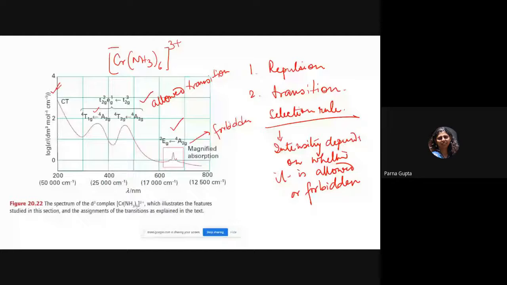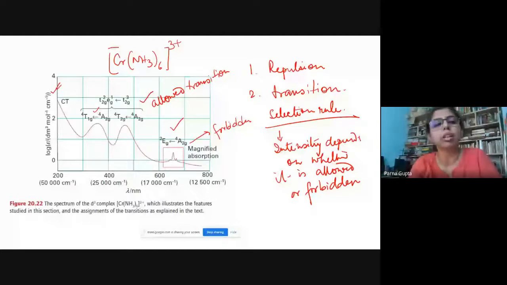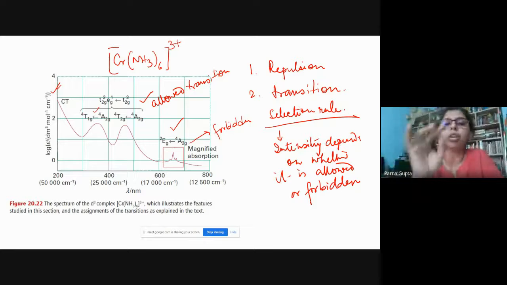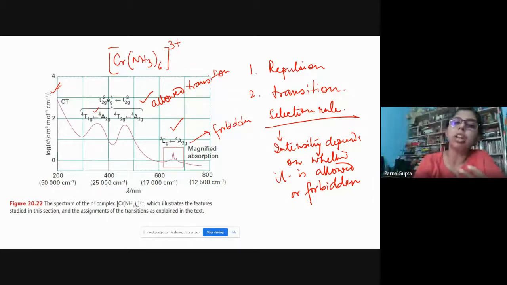we have seen that the bonding orbitals that are very close to ligand orbitals are of ligand character, and the antibonding orbitals are of metal character. In such cases, if the electron goes from this ligand orbital not to this t2g d orbital only, but from this bonding orbital to any of the antibonding orbitals, or from a ligand-like orbital to any metal-like orbital, then this is called charge transfer.